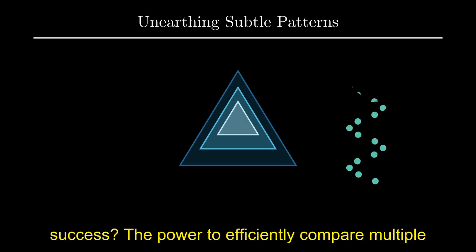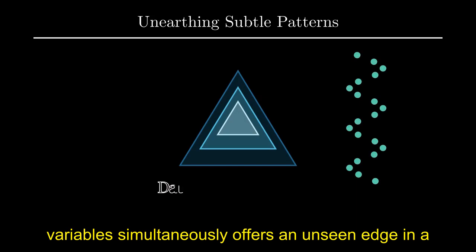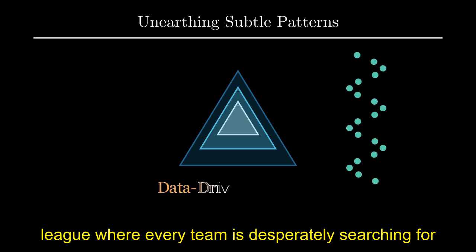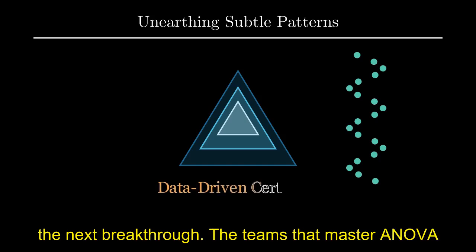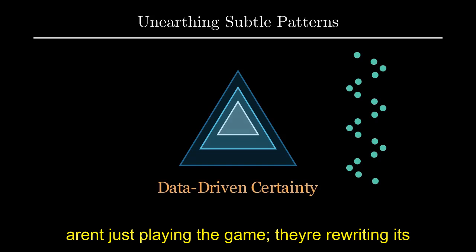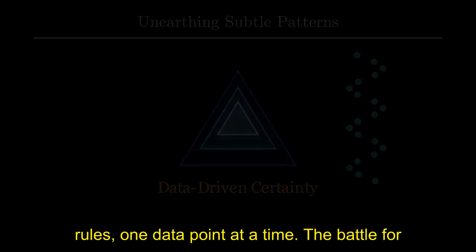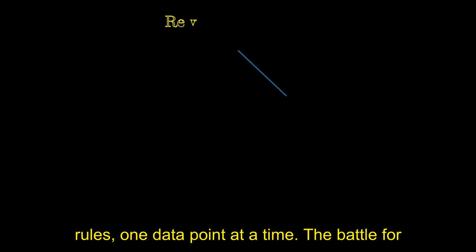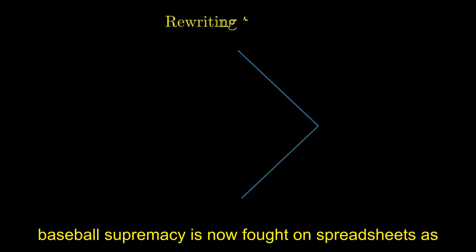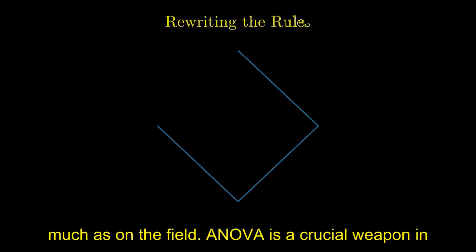The power to efficiently compare multiple variables simultaneously offers an unseen edge in a league where every team is desperately searching for the next breakthrough. The teams that master ANOVA aren't just playing the game, they're rewriting its rules, one data point at a time. The battle for baseball supremacy is now fought on spreadsheets as much as on the field.